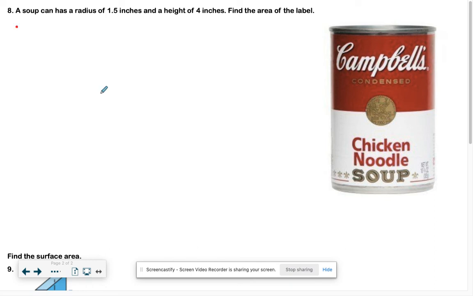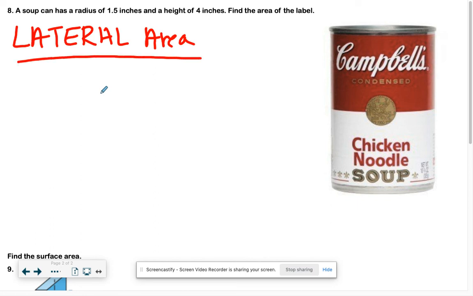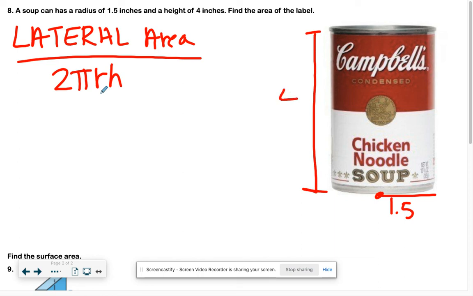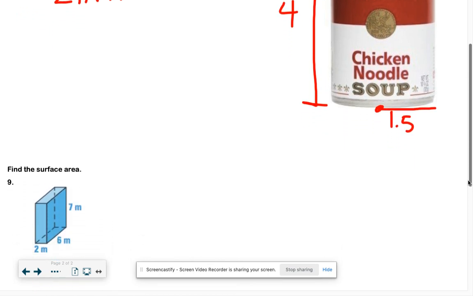You're only looking for lateral area, just like the last one we did in our notes. 2 pi RH. That's all you want. Radius of 1.5, height of 4. You just want the lateral area. Okay, I'll let you guys finish that one.